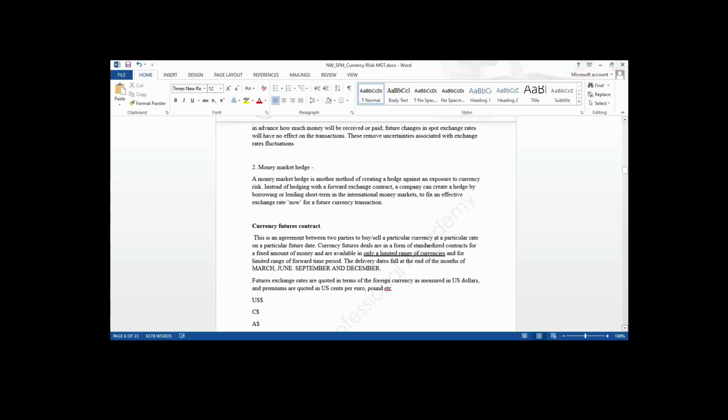Please remember, there are 2 sides to transactions. It is either you are making payments in foreign currency or you are expecting inflows in foreign currency. There are 2 sides to business. At one point, you are making payments.